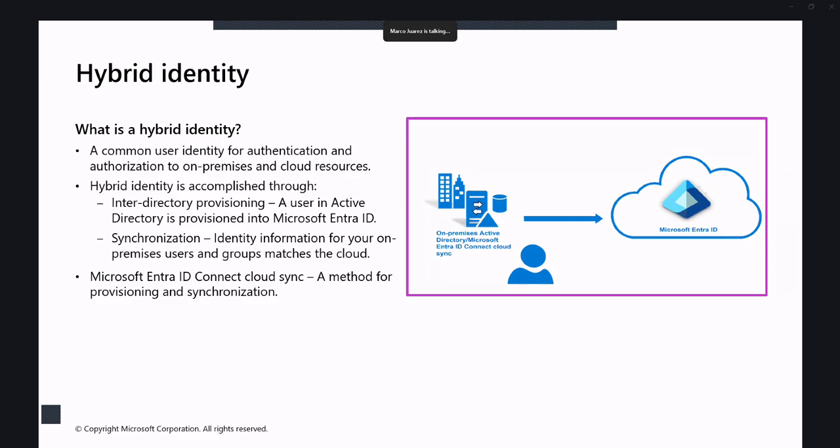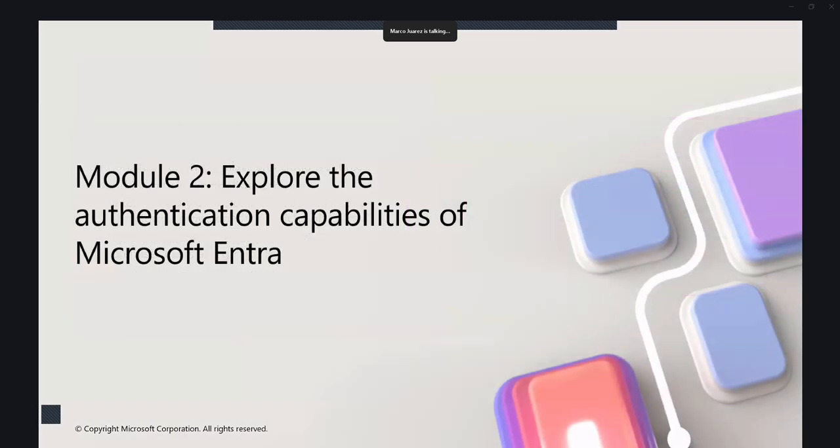Again, we can span on-prem and cloud-based capabilities with this synchronization. We will create a common user identity for authorization and authentication, with our identities synchronized between on premises and the cloud.